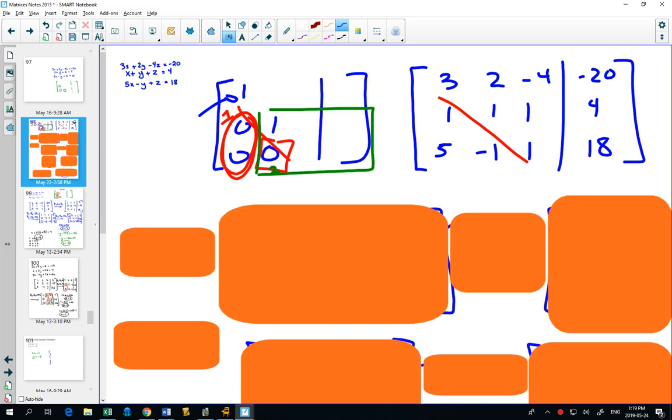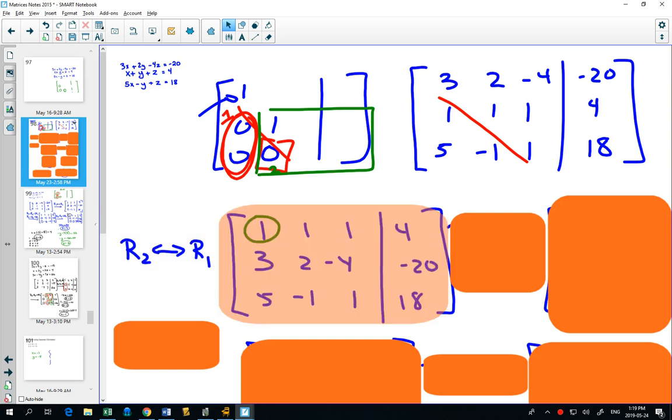I could divide my entire first equation by 3. That would make it a 1. But can you see that I would also get other fractions there? The easiest way to get a 1 in that top left-hand corner without changing numbers is just to switch two rows. So if I switch row 2 and row 1, then all of those 1s are in the top.